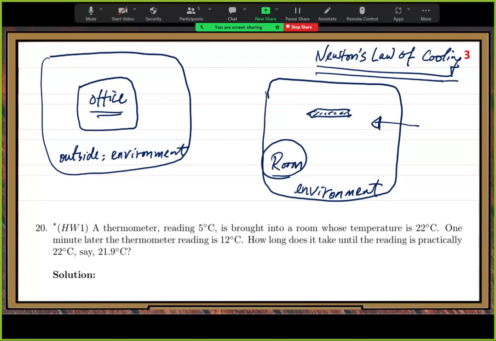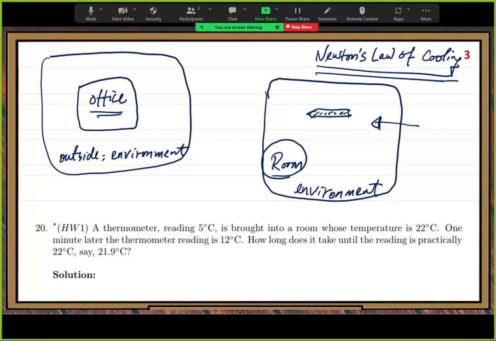The office air conditioner cannot bring the outside temperature down. Your impact is so little it can be ignored. Here, your thermometer cannot bring the room temperature up or down. Only the room temperature can bring up your thermometer.